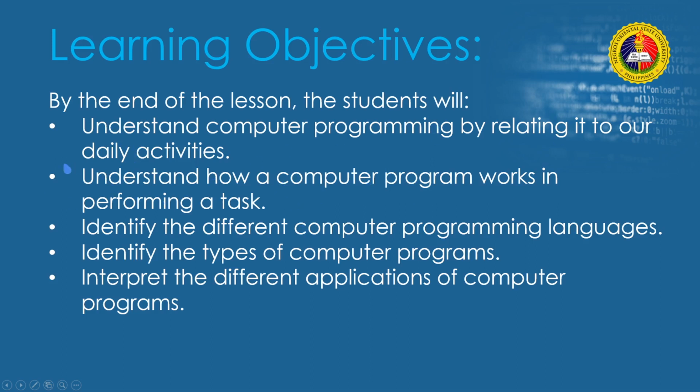Did we make it? Were we able to understand it? Yes, sir. Okay, and then identify the different computer programming languages. Yes, sir. Identify the types of computer programs. And lastly, interpret the different applications of computer programs.